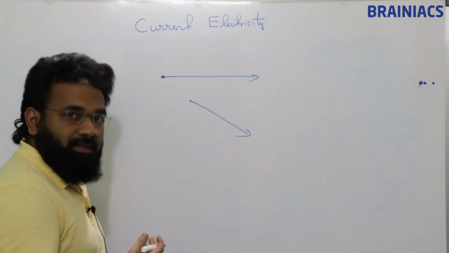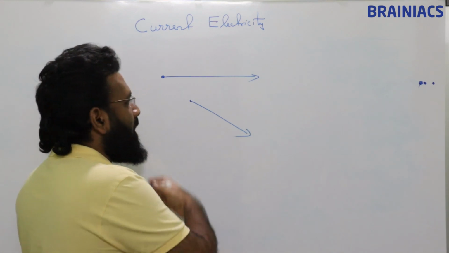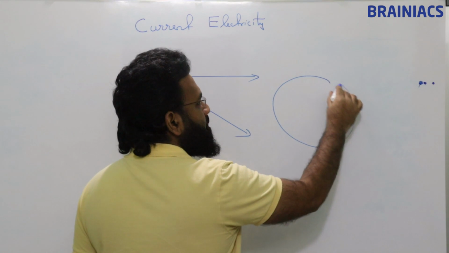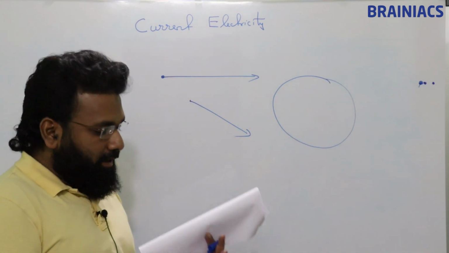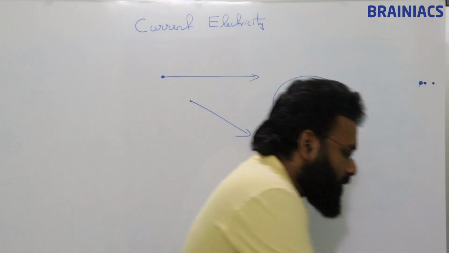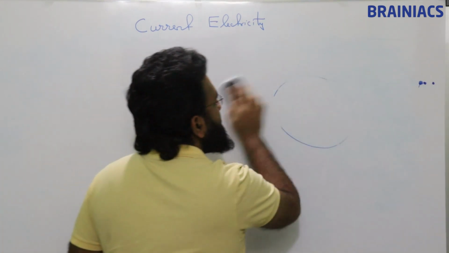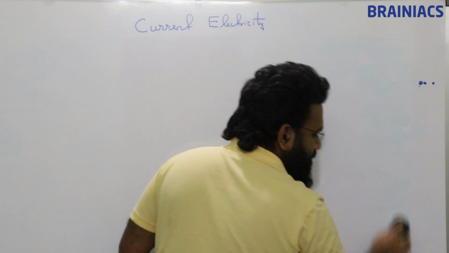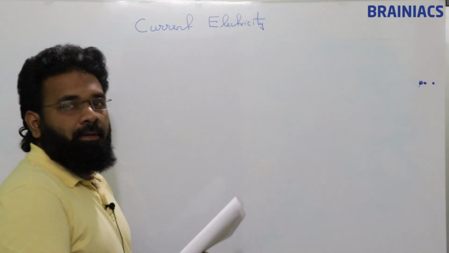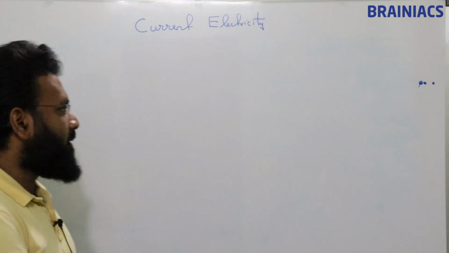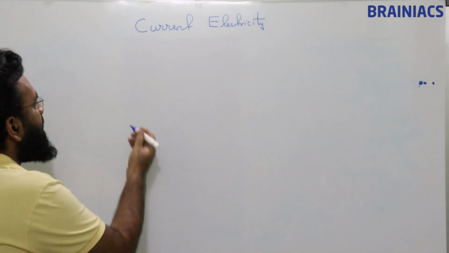This is called translatory motion. Then this kind of motion, circular motion. So there are different types of motion. Whatever we saw in the last class is the current due to translatory motion. Circular motion also we have done some problems, but we will see it again once.